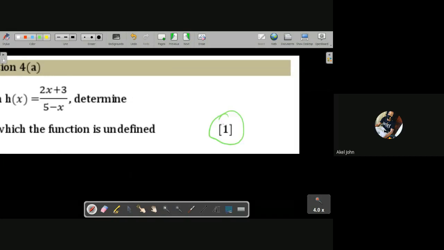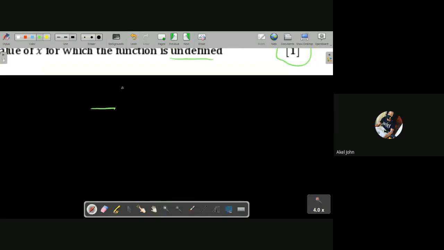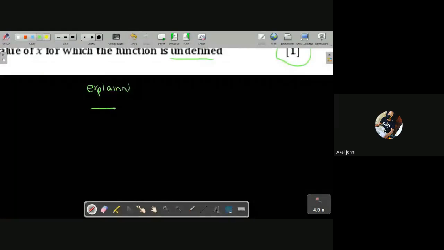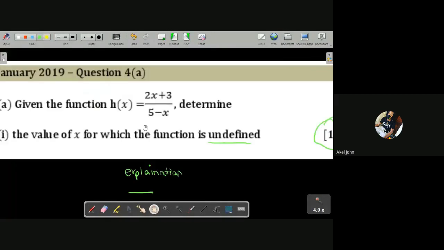When a function is undefined, it simply means, well, let me just get into a little bit of explanation. At heart, this form of a function is in the form of a fraction, right? It has a numerator and it has a denominator.